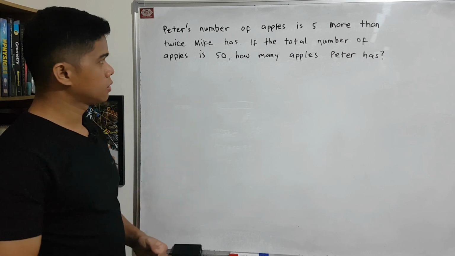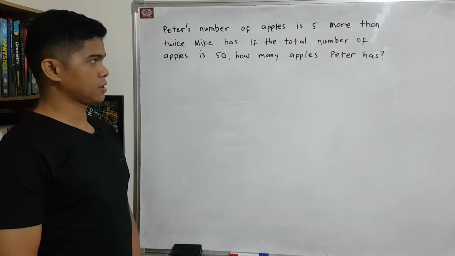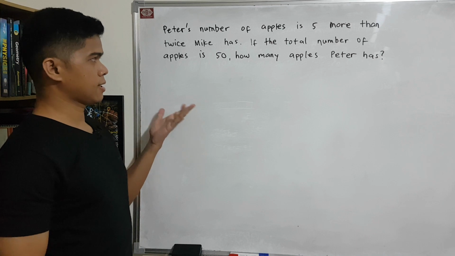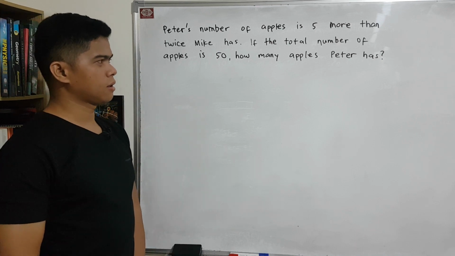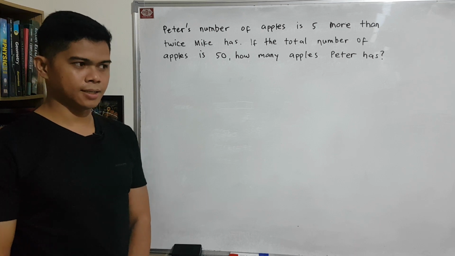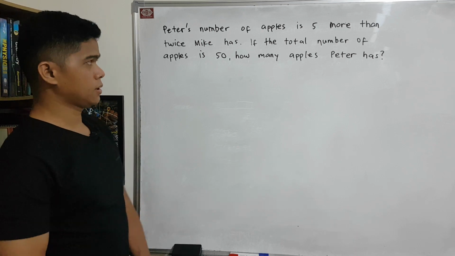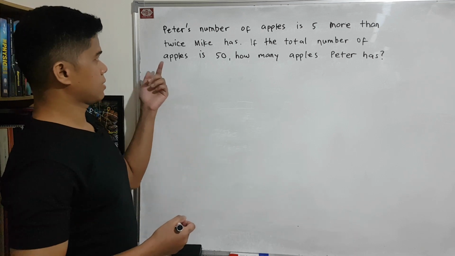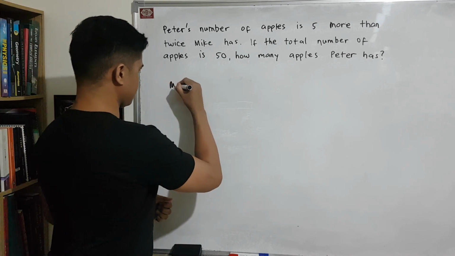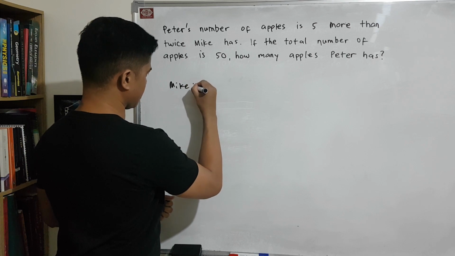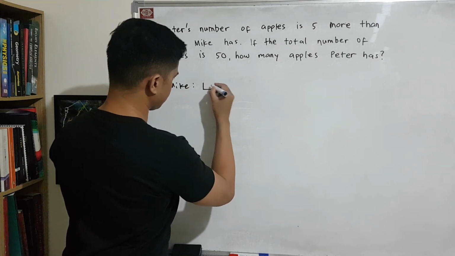Number 2. Peter's number of apples is 5 more than twice Mike's. If the total number of apples is 50, how many apples does Peter have? In this one, since Mike's is being described here, we can start by representing Mike's apples by another rectangle.